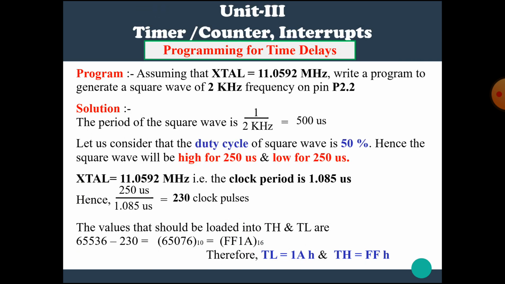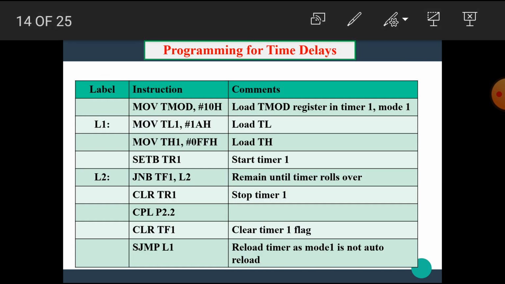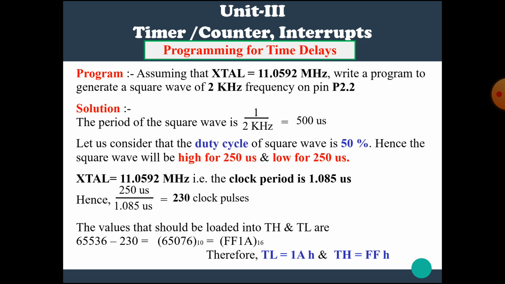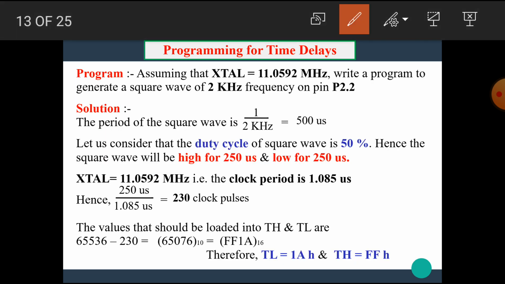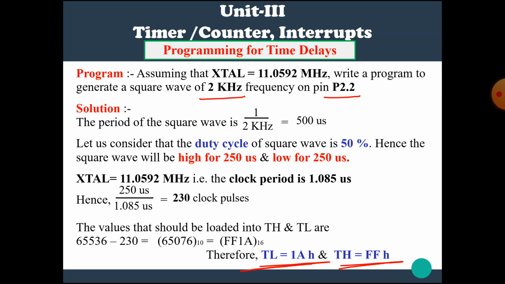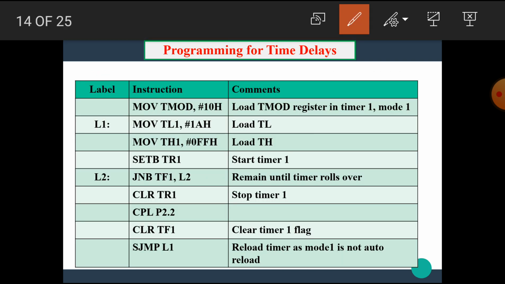Now let's see the actual program. First of all, let us be clear about the basic thing: we have to generate a square wave of 2 kHz frequency on pin P2.2. For that purpose, we have the values TH equal to FFH and TL equal to 1AH. This is the assembly language program in which the first instruction is MOV TMOD, #10H.